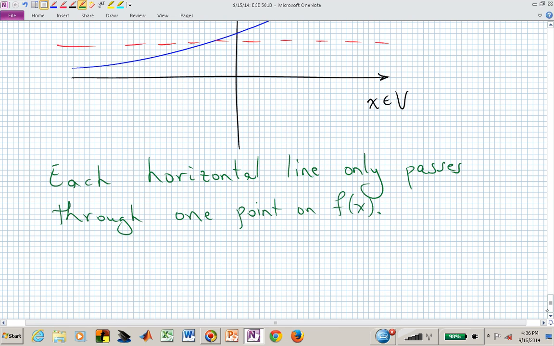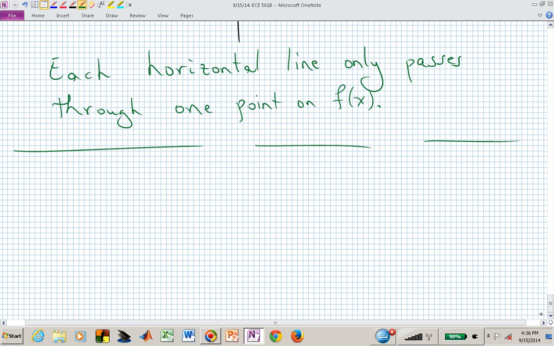Now, we can actually connect these 2 concepts of injective map and null space.